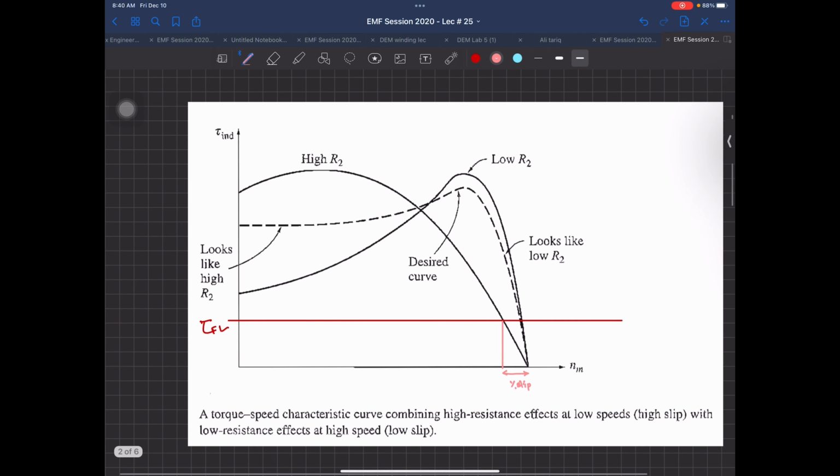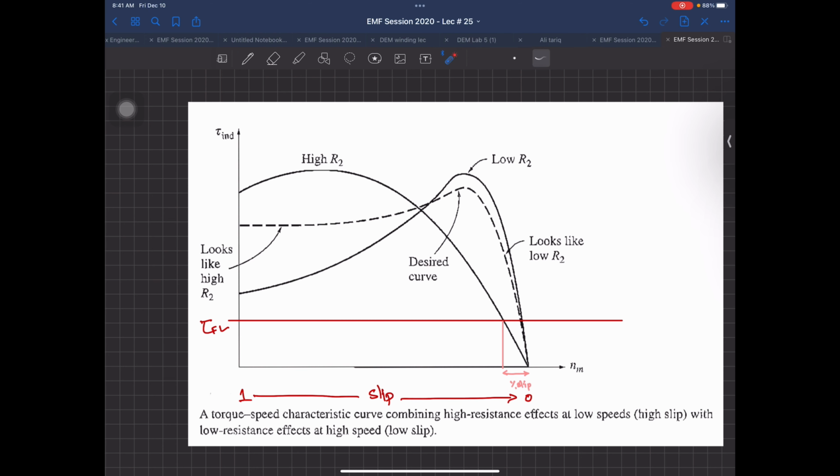Now what they have done is to make a machine, taking the construction into consideration, which still has a reasonably high starting torque, this dotted curve, and also a very small slip region. How this is going to be done is very important. Supposedly if I mark this as my slip, here the slip is 1 and here the slip is equal to 0.